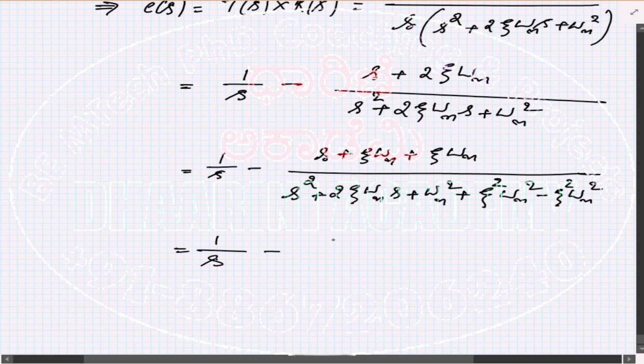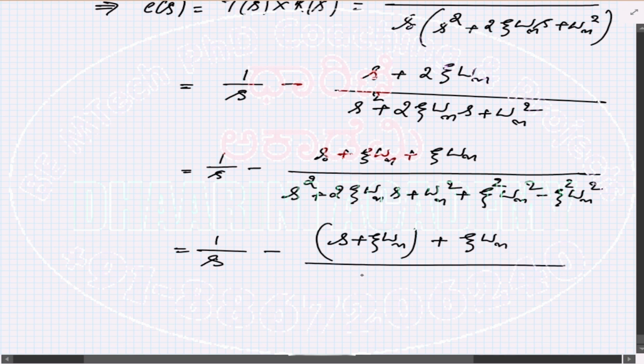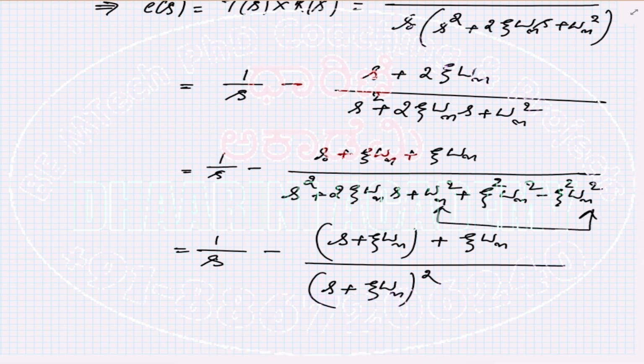I can write it this way. This is s plus zeta times omega n, and I'll separate the zeta times omega n, divided by s plus zeta omega n the whole square, and I'll club the omega n square and the minus zeta square omega n square.